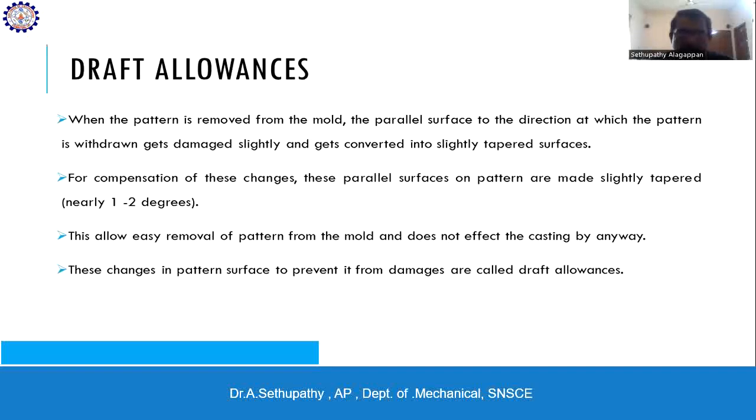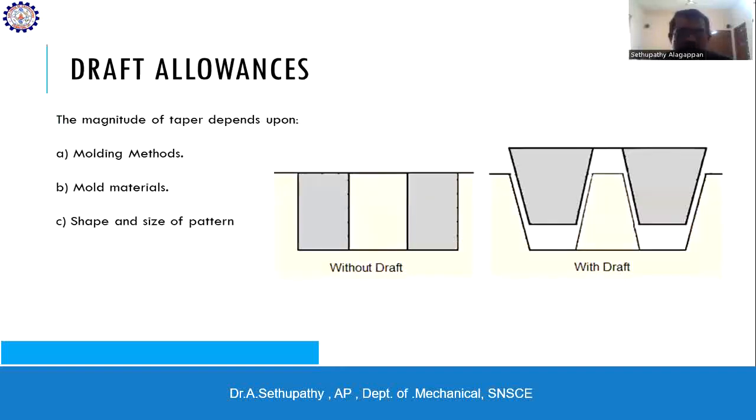This allows easy removal of the pattern from the mold and does not affect the casting in any way. The molding cavity does not get damaged while removing the pattern from the sandbox. These changes in the pattern surface to prevent damage are called draft allowances.